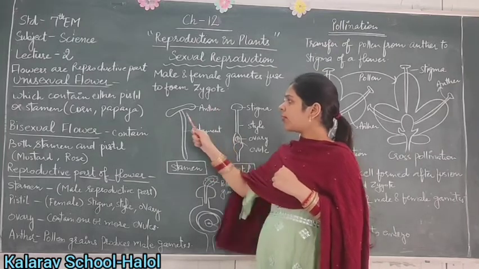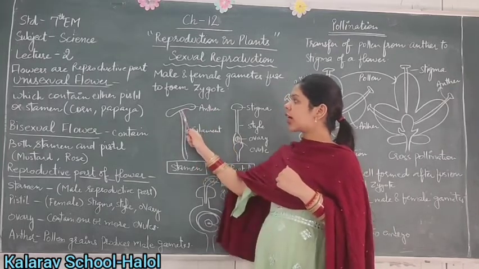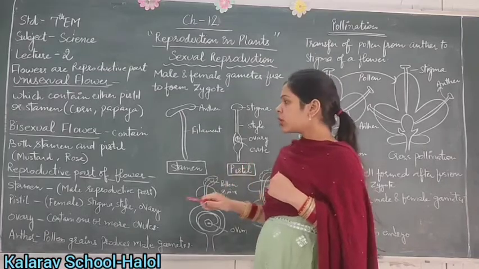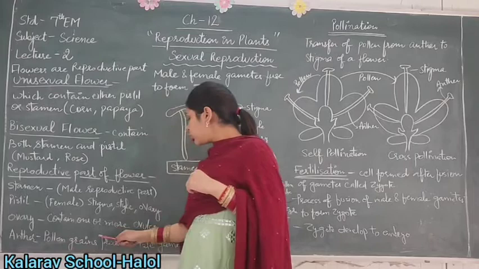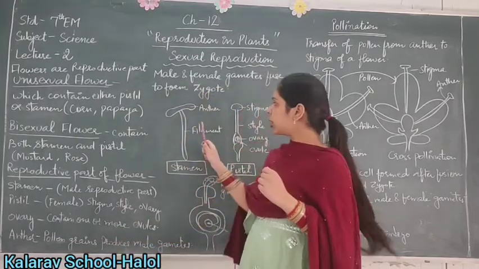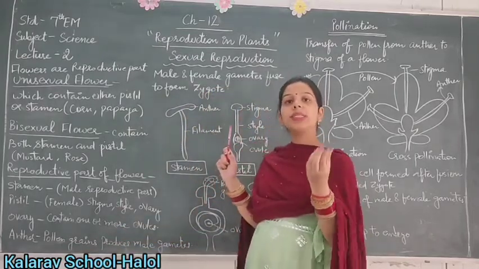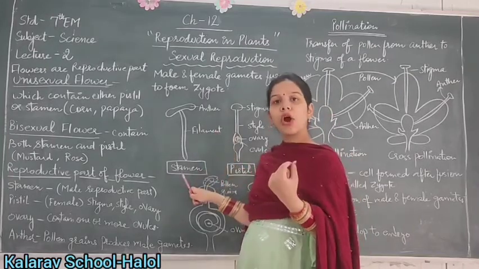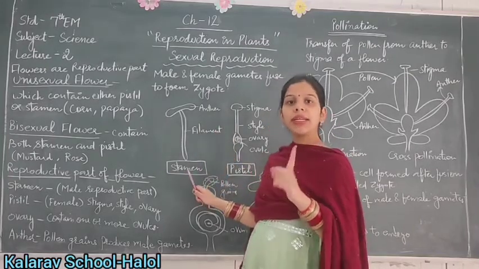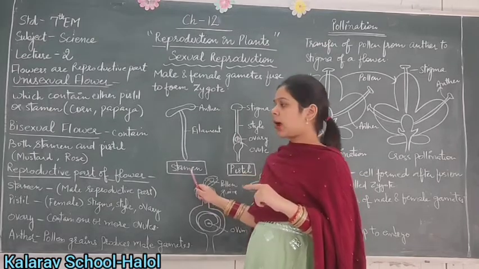The filament is a tube which connects to the anther. The anther is the part which produces pollen grains. Pollen grains are the male gametes. So male gametes are produced from the stamen.